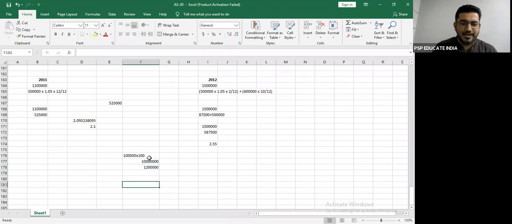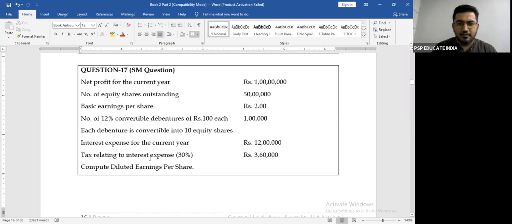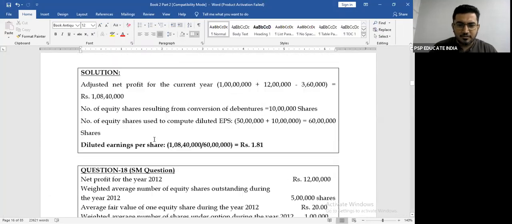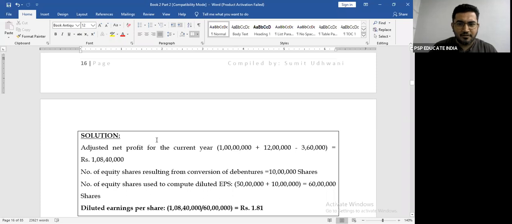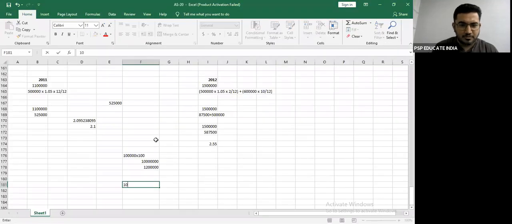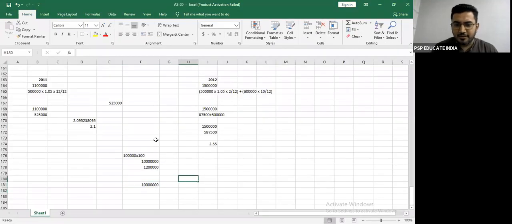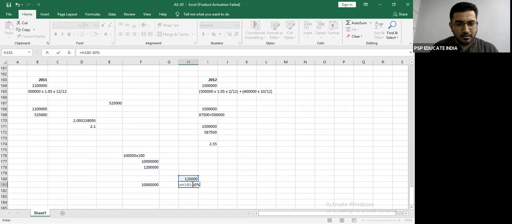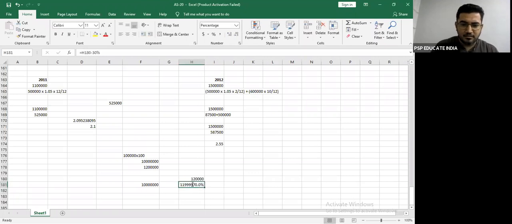So 12 lakhs we will save. How much is my existing profit? It is 1 crore. Pay attention, 12 lakhs is what I will save. But on 12 lakhs I was getting a 30% tax benefit earlier, which I will not get now. So I will reduce that 30%. So 12 lakhs into 30% is 3,60,000.